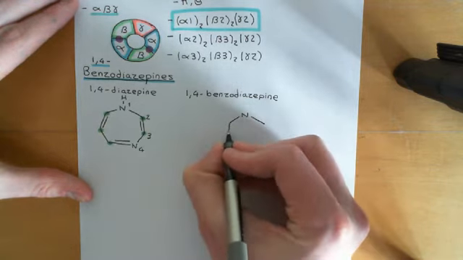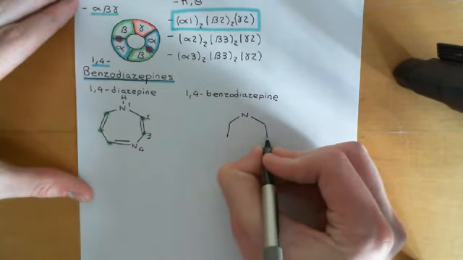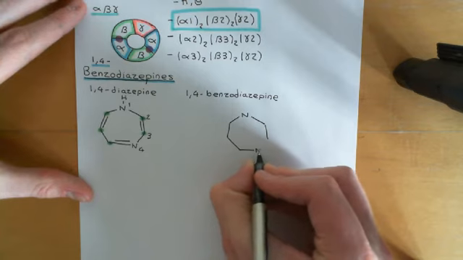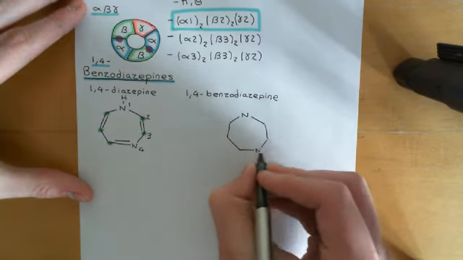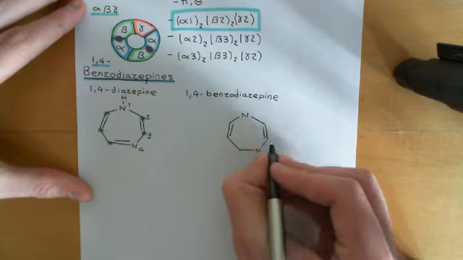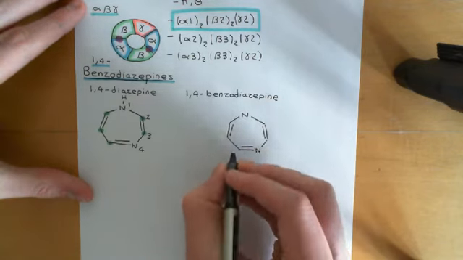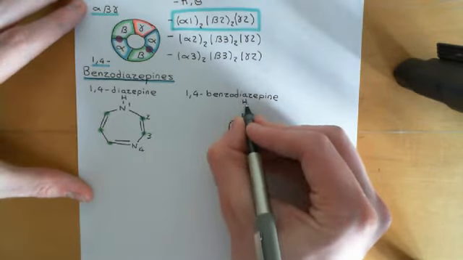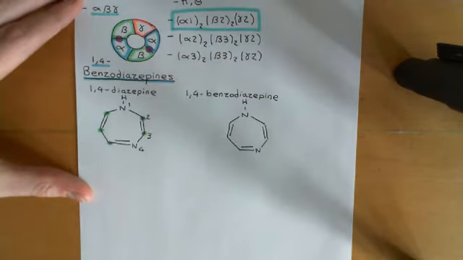This 7-membered ring. Here are my 2 carbons. And then we'll extend it down here. Here's that second nitrogen. And now we'll put in the double bonds. One double bond there, one there, one here. And then we need a hydrogen off that nitrogen up there. So that's the 1,4 diazepine ring.